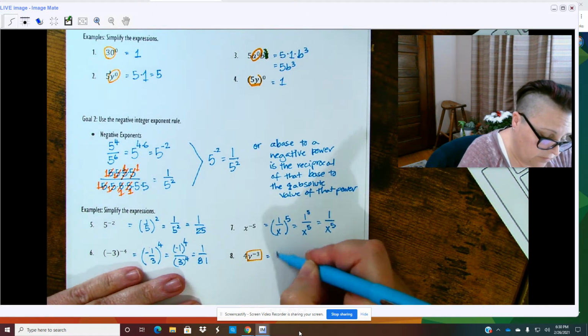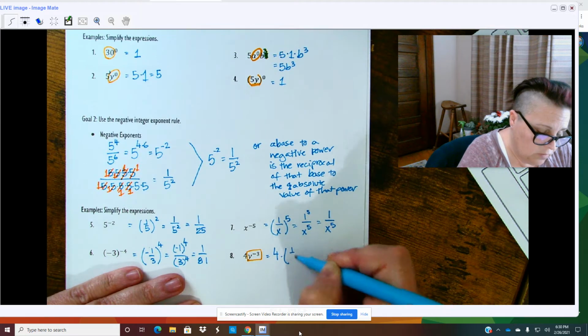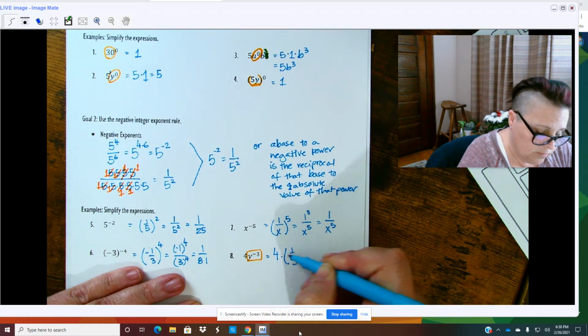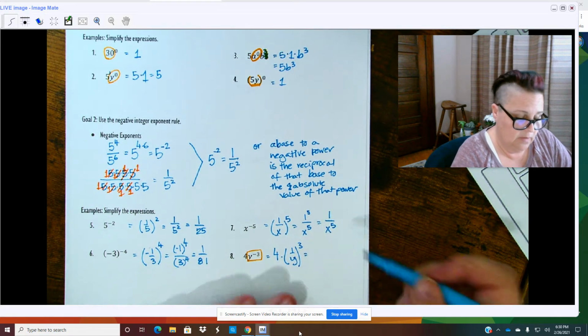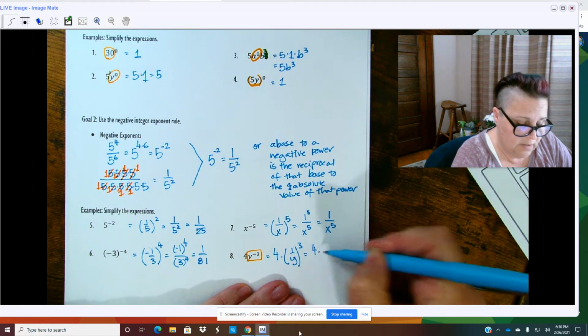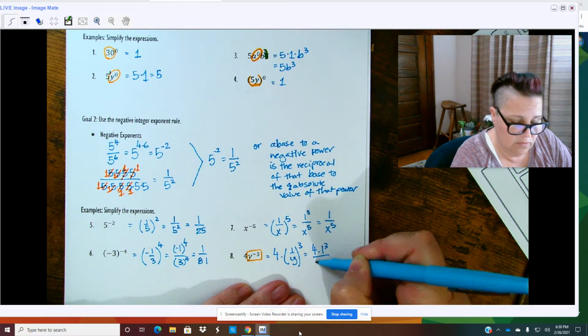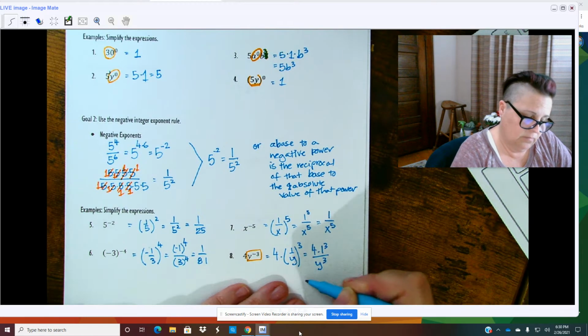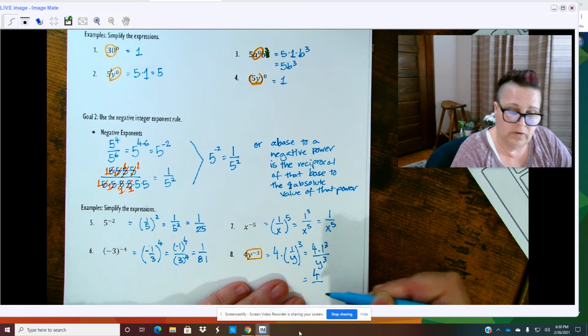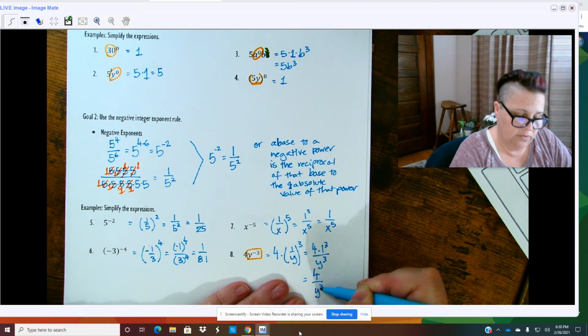So this would be 4 times 1 over y. The reciprocal of y is 1 over y to the 3rd. So we will have 4 times 1 to the 3rd over y to the 3rd, or 4 over y to the 3rd.